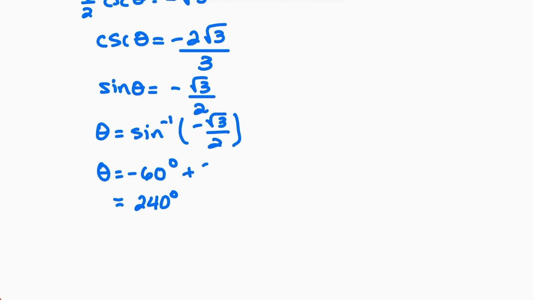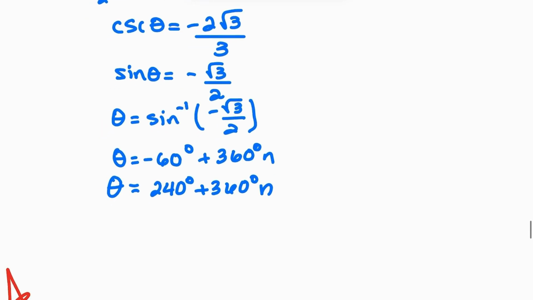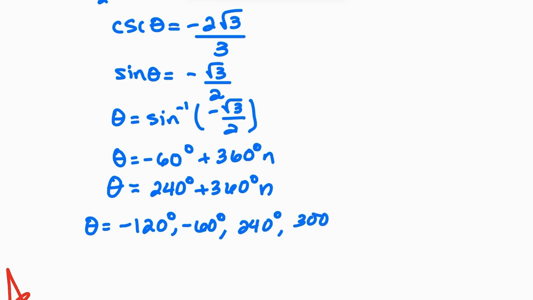Which again, I need general solutions, so add a period length n, add a period length n, and make sure that both of them are actual equations. And then we find all the answers within the interval of answers that we get, and you can write them in order from least to greatest. You don't have to. We get negative 120, negative 60, 240, 300, then 600, and 660.